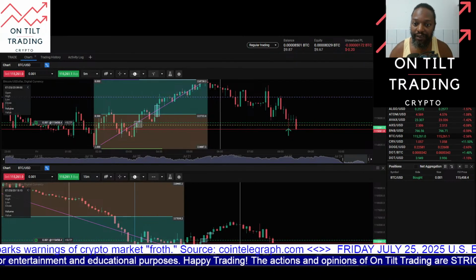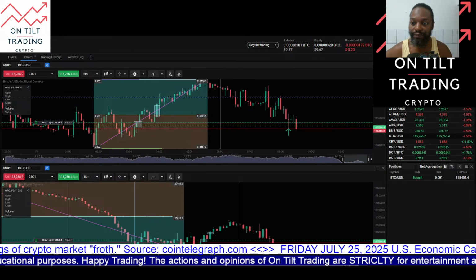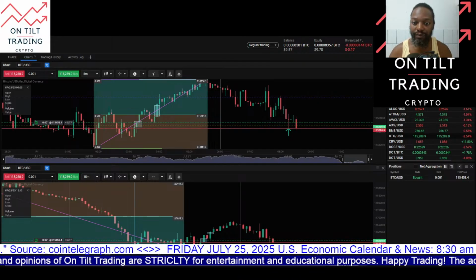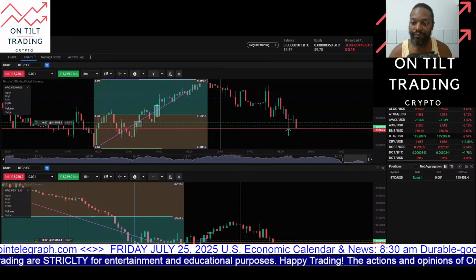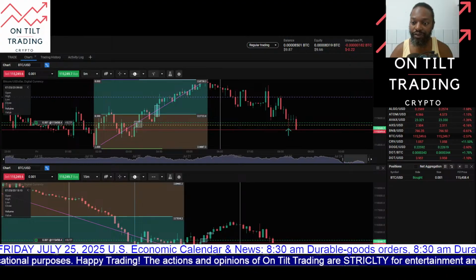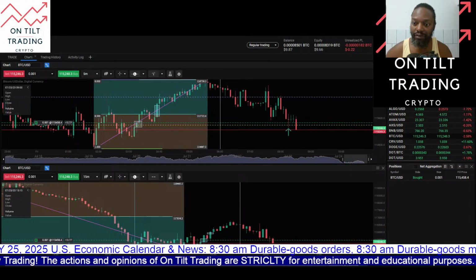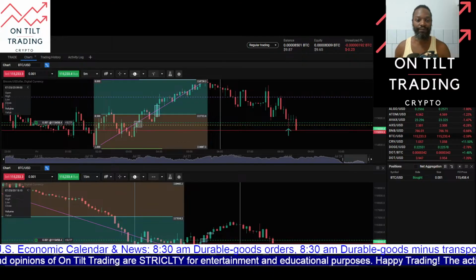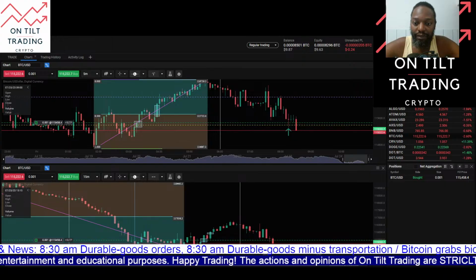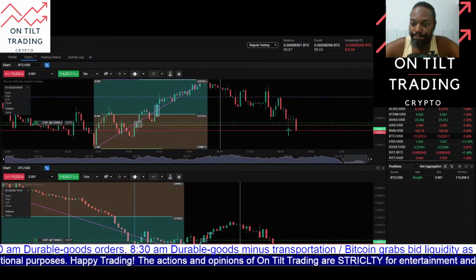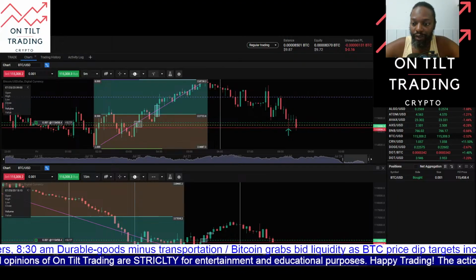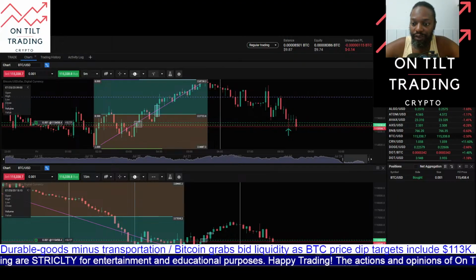Sell side with speed here. 115,320. 115,300. Getting some consolidation here. 115,250. And getting some sell side here. Could be getting stopped out. And getting buy side 115,320.